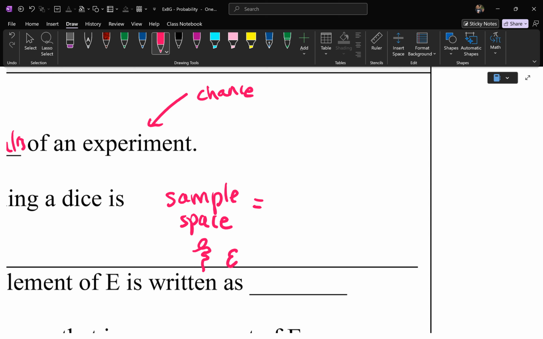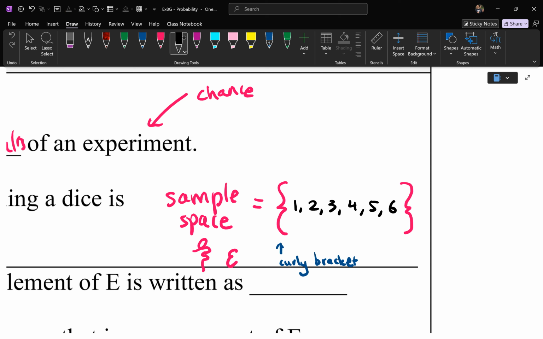And then I want you to write equals, and notice this bracket I'm drawing. It's not an open bracket, it's not a closed bracket. This is called a curly bracket. Proper name is braces. Now, you only use braces or curly brackets when you're listing items. So in our case, we will list the options for the sample space: 1, 2, 3, 4, 5, and 6.